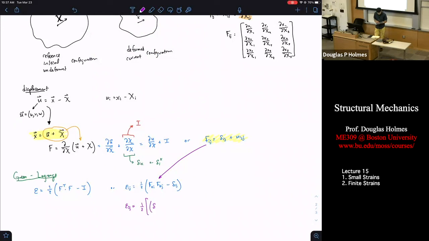It's going to look like delta ki plus uk comma i. And then it'll be delta kj. Okay, there'll be a payoff here, I promise. It'll be like, oh yeah, that looks kind of like the other thing. This, and then we have to take away a delta ij.